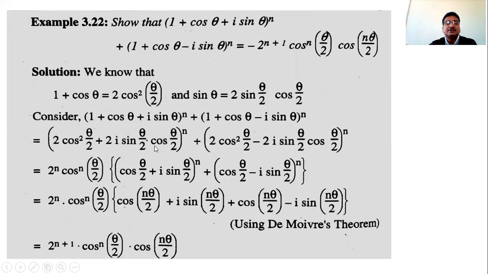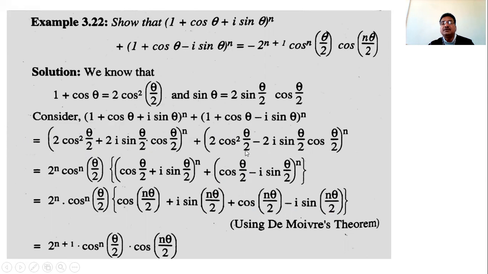Then take cos theta by 2 as a common factor, so this bracket raised to n gives cos raised to n theta by 2 as a common factor, and 2 is also common, so 2 raised to n because the bracket is raised to n, and then we have cos theta by 2 plus i sin theta by 2 in bracket.